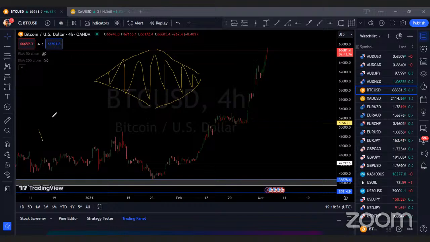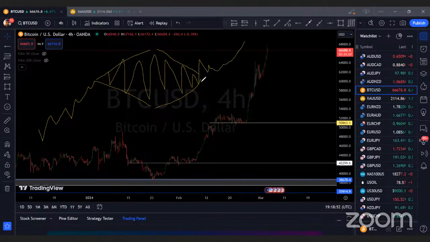So where it is moving from, let's say it starts from here, we'll consider it a continuation pattern, and you call this pattern a diamond pattern, right? Mostly, if it is an uptrend, you see a break of structure above and continuation to buy.